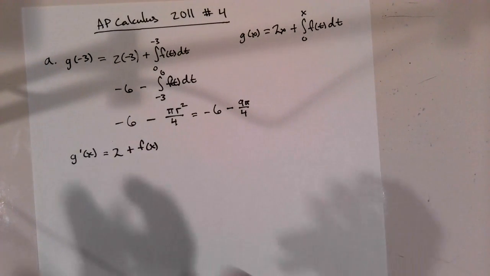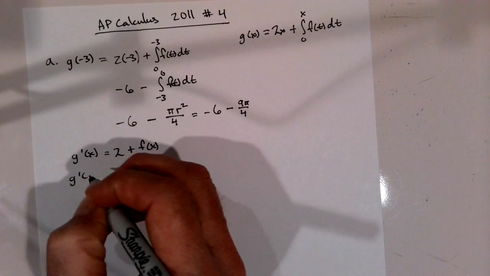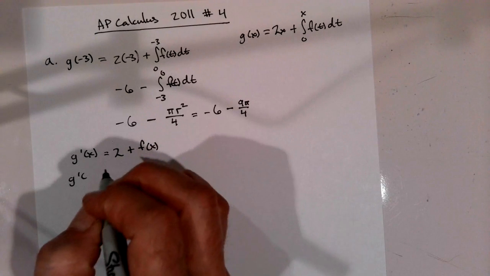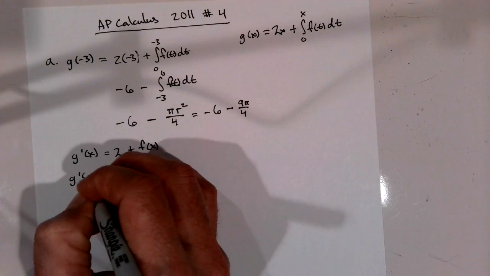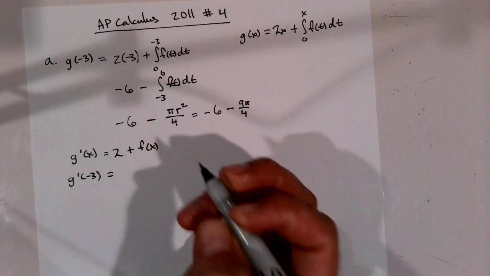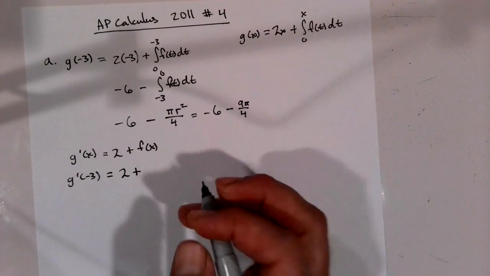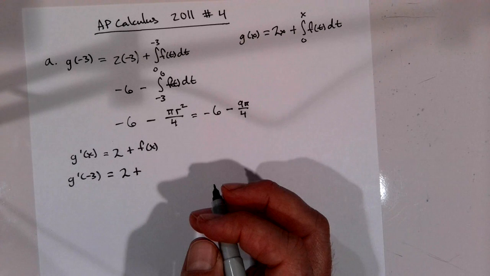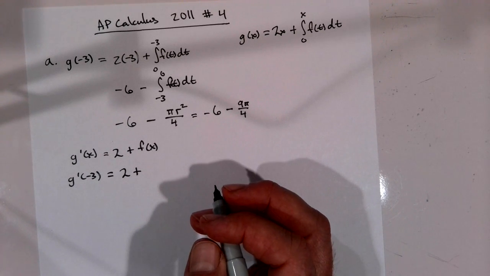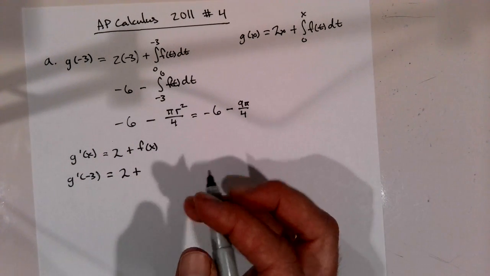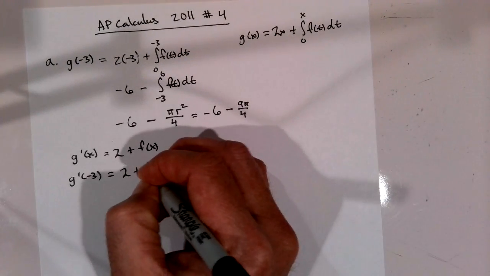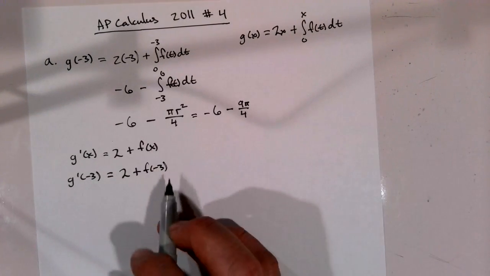Now g prime of -3 is going to be 2 plus, and this is where it gets a little bit challenging, f of -3.